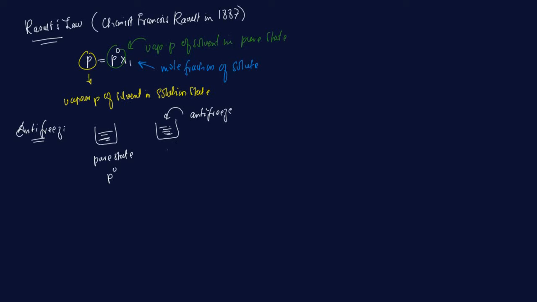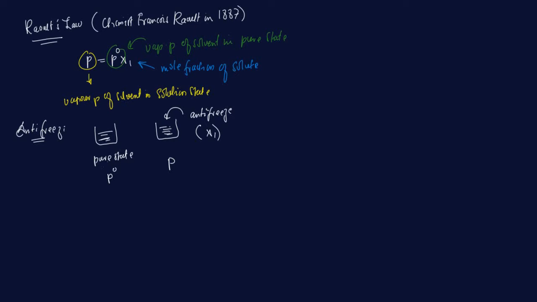After making the solution, the vapor pressure of the water will be P. The mole fraction of antifreeze can be written as X₁, which is the solute that is added to the water.